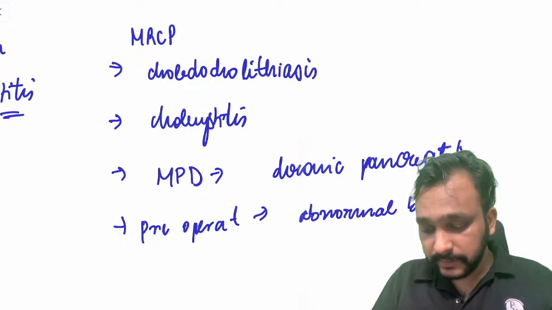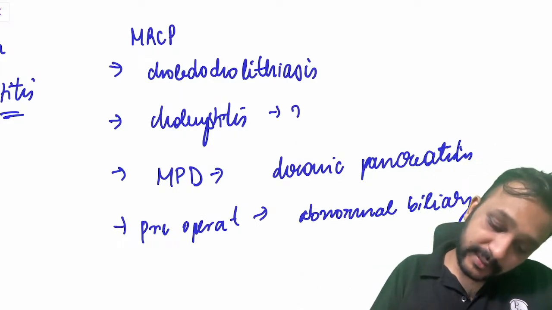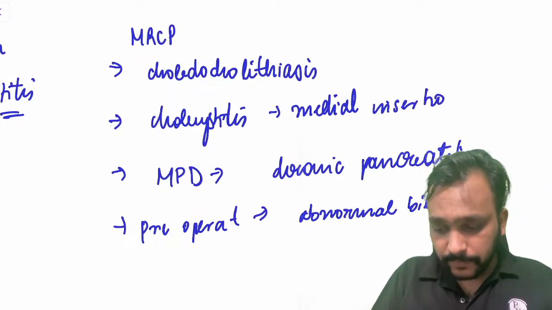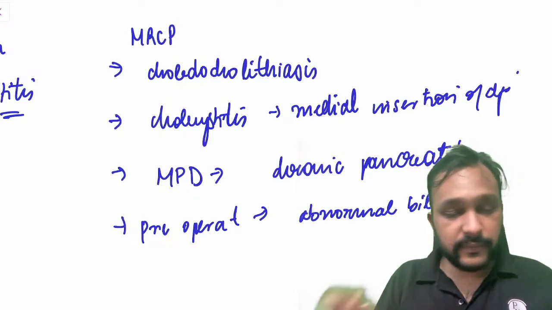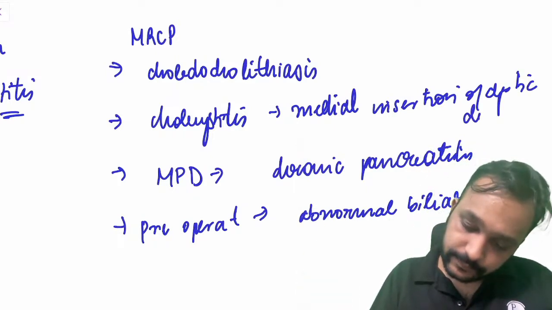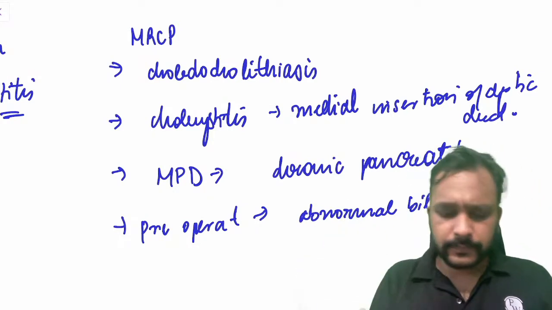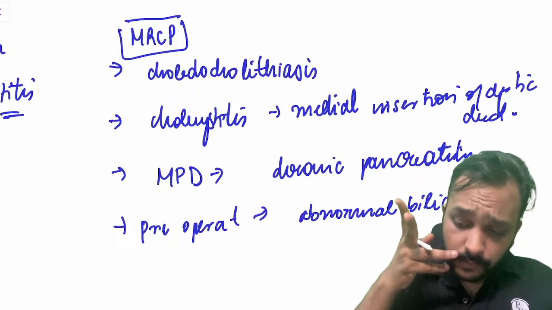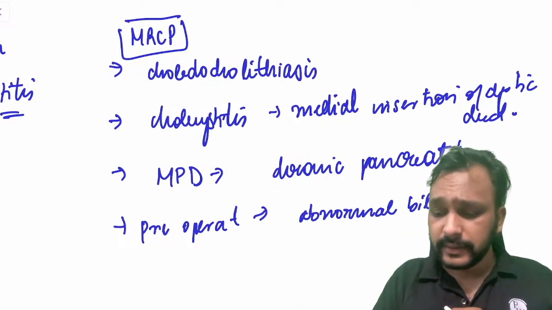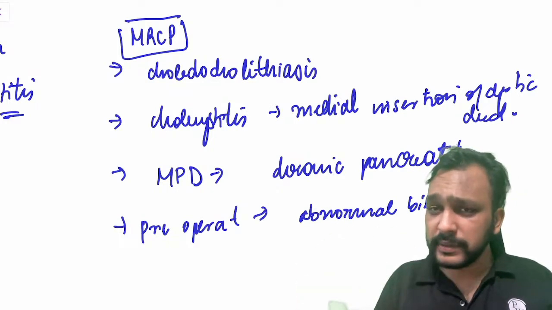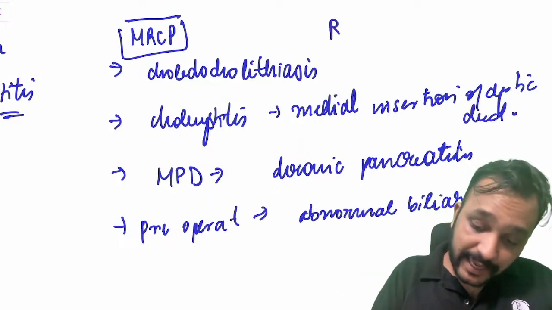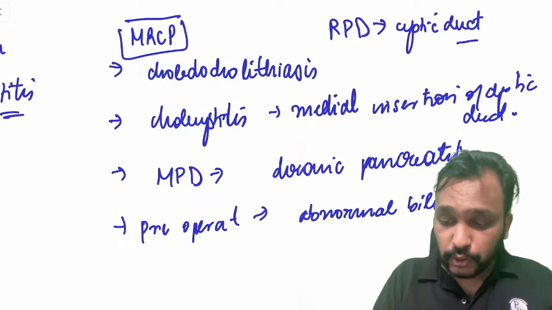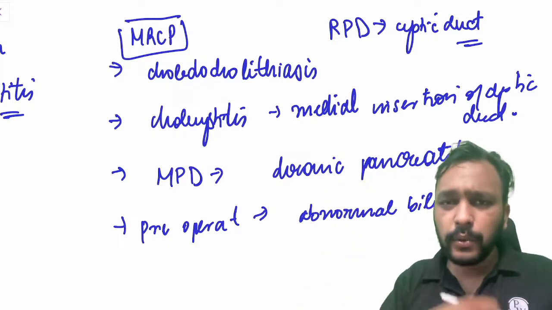Sometimes there is a medial insertion of the cystic duct, and whenever there is a medial and low insertion of the cystic duct, the surgeon can injure the CBD during the operation, right? Sometimes the right posterior duct joins with the cystic duct, or it is joining lower down into the CBD.